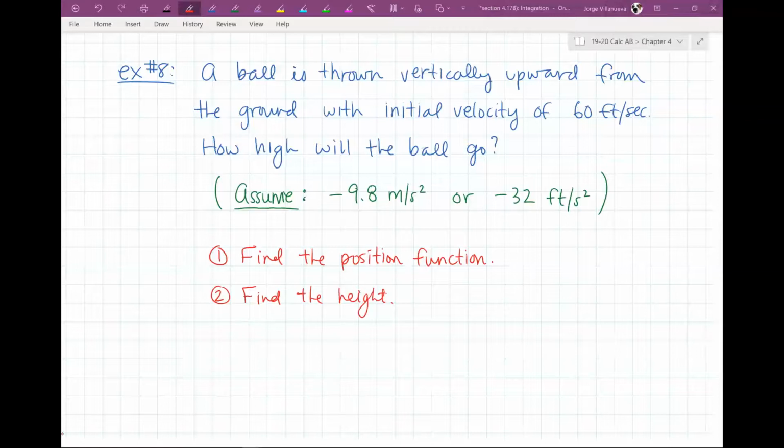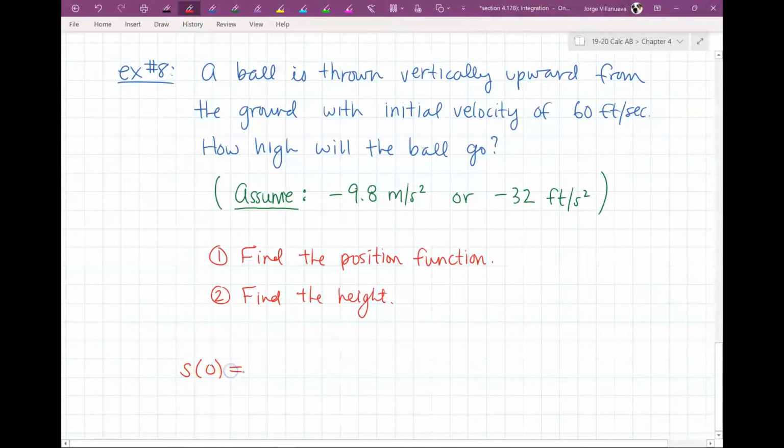So first off, let's list things that we know. Okay, things that we know. They say a ball is thrown vertically up. So if it's thrown upwards, its velocity is positive or negative? Positive, right? They say thrown upward from the ground. So what's the initial position of this thing?